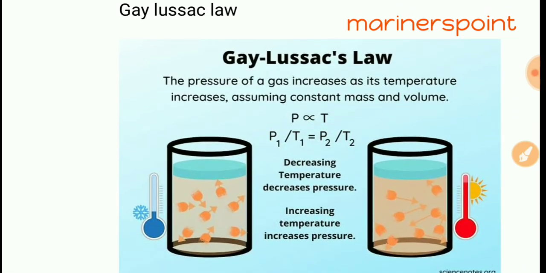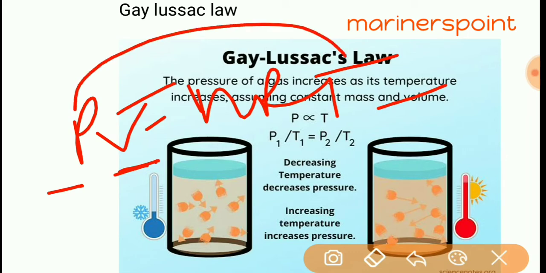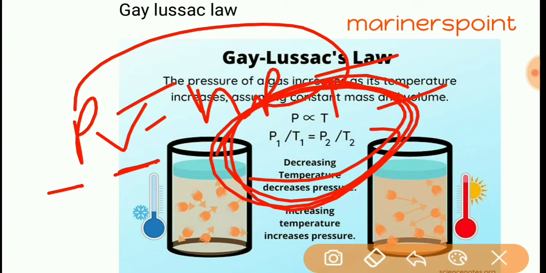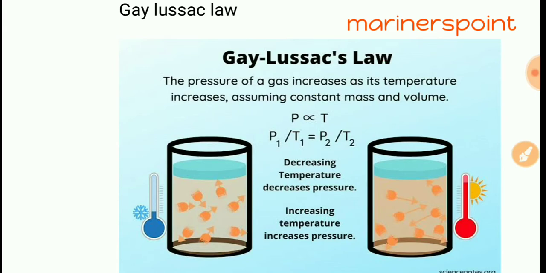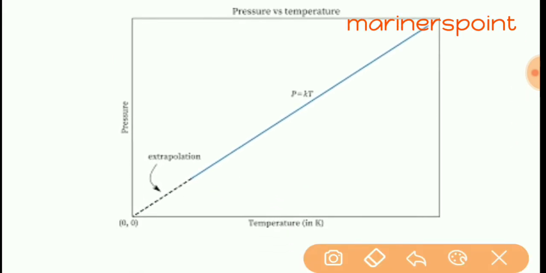Now third, Gay-Lussac's law. In this nRT, in the first case temperature is constant, in the second case pressure is constant, now volume is constant. Then we will get the relation between P and T, and this is the relation, directly proportional. And for directly proportional we know the graph very easily, and this always starts from here.